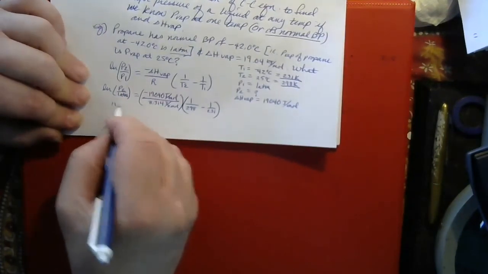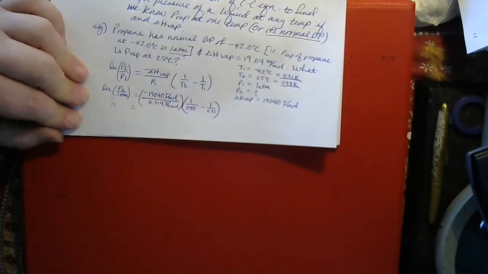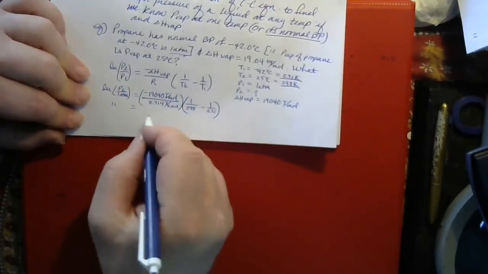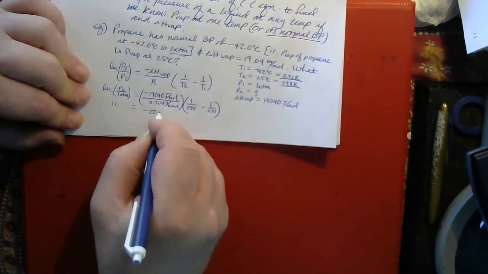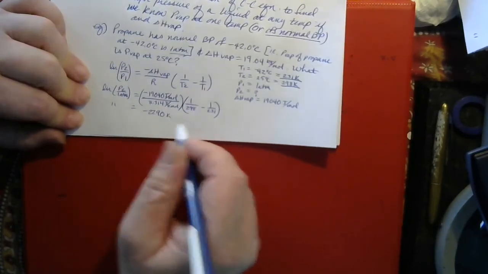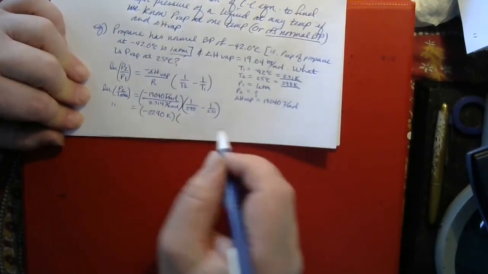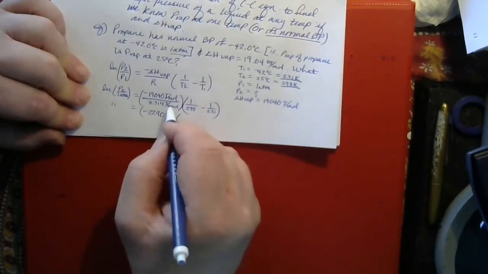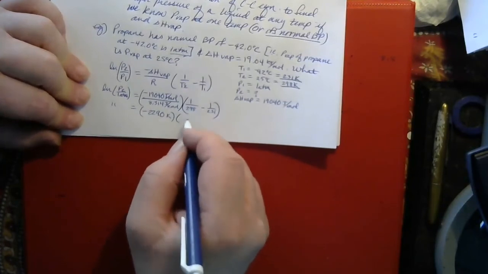Let's see, we can work this out. Delta H of vaporization over R is negative 2290, and I believe that unit is K, because that's the only thing that doesn't cancel out here.